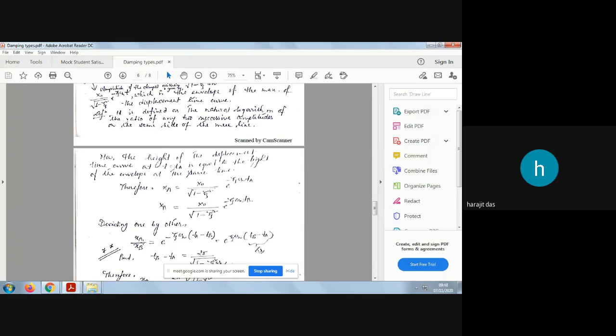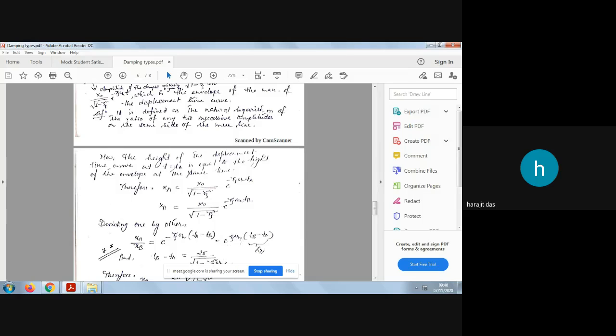So xa by xb will be equal to e to the power minus zeta omega n, ta minus tb. The common term in the denominator is cancelled out, leaving simply ta minus tb. Since there is a minus term, you can reverse it and write tb minus ta.